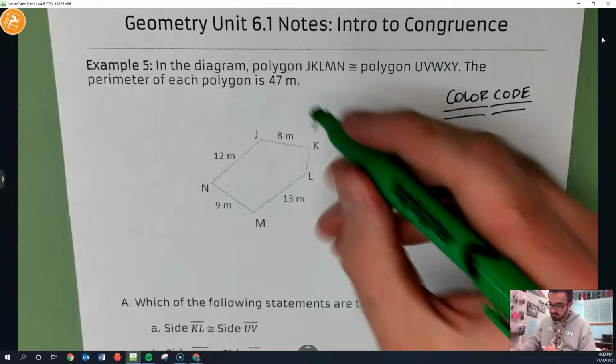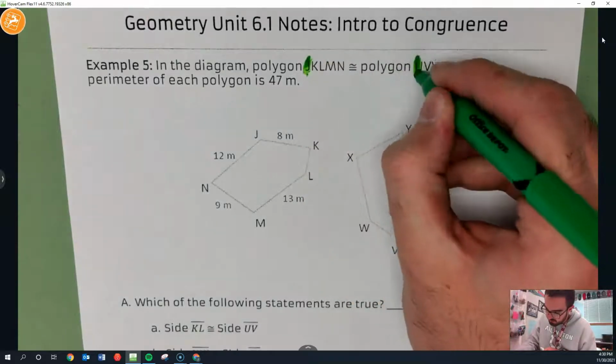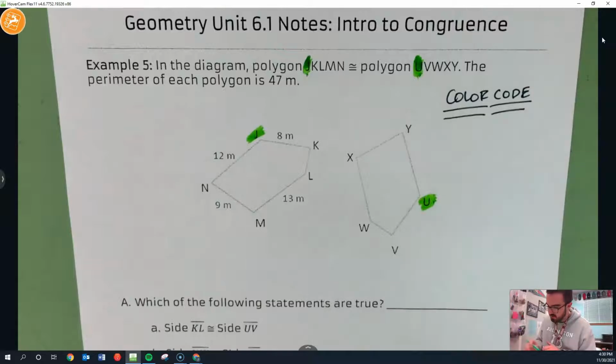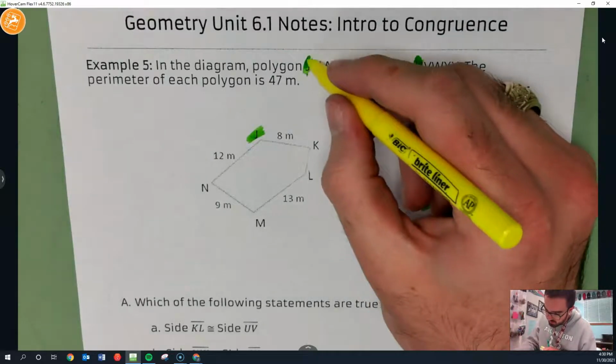Always, first step. So J and U. And by the way, you can fast forward through this if you want to not witness me color coding all this.